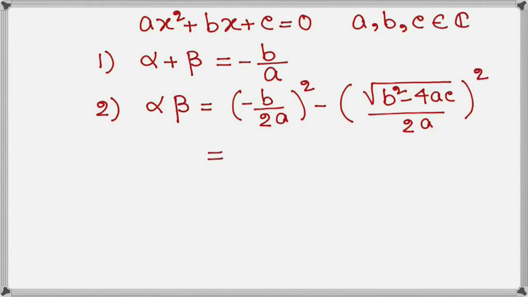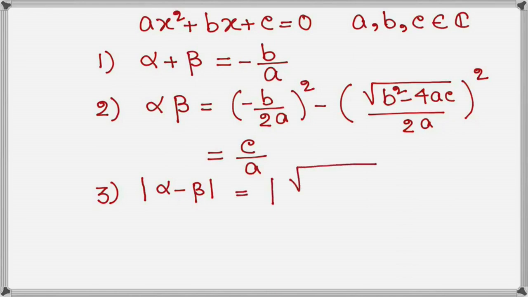So this is equal to c divided by a. And the third thing is that the distance between the solutions alpha and beta is modulus of square root of b square minus 4ac divided by a.